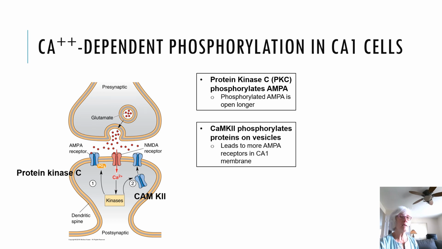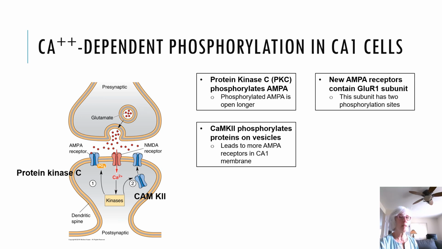So CAMK2 phosphorylates proteins on vesicles that leads to more AMPA receptors in the CA1 membrane. In addition, the new AMPA receptors that are inserted into the membrane contain a specific subunit that has 2 phosphorylation sites, so it can be doubly phosphorylated and therefore stay open for an even longer period of time.